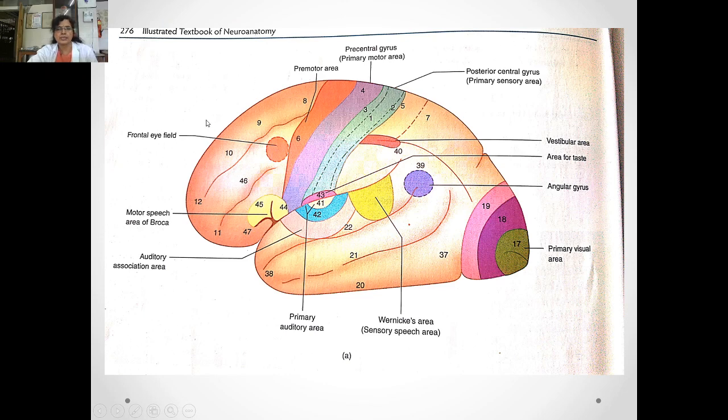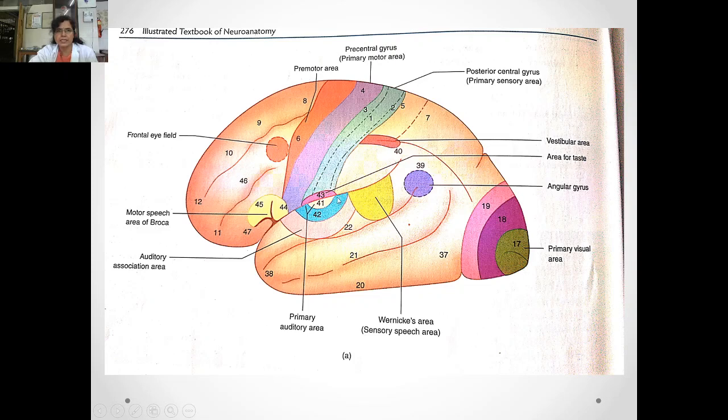So in this diagram, on this superolateral aspect, in the temporal lobe, in this superior temporal gyrus, you can see these 41 and 42 areas, the primary auditory area.